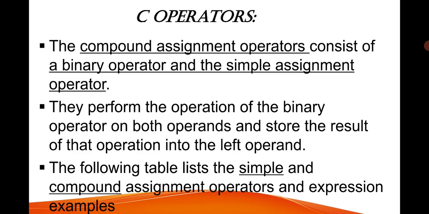C assignment operators: The compound assignment operators consist of a binary operator and the simple assignment operator. They perform the operation of the binary operator on both operands and store the result of that operation into the left operand. The following table lists the simple and compound assignment operators and expression examples.